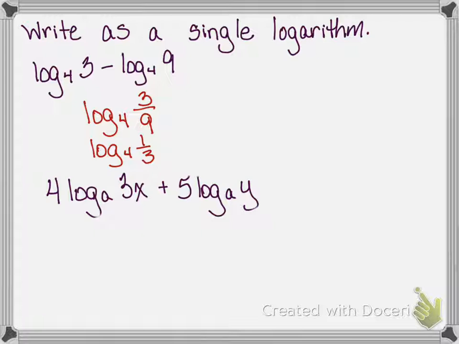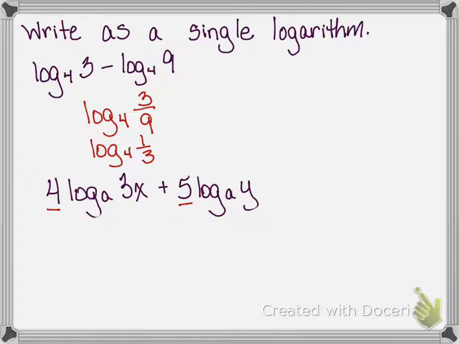Okay. There's a couple of things going on here. I want us to deal with the number right here and here first. Okay? When I've got a number in front of a log like that, where is that going? It's going to go above the 3x.